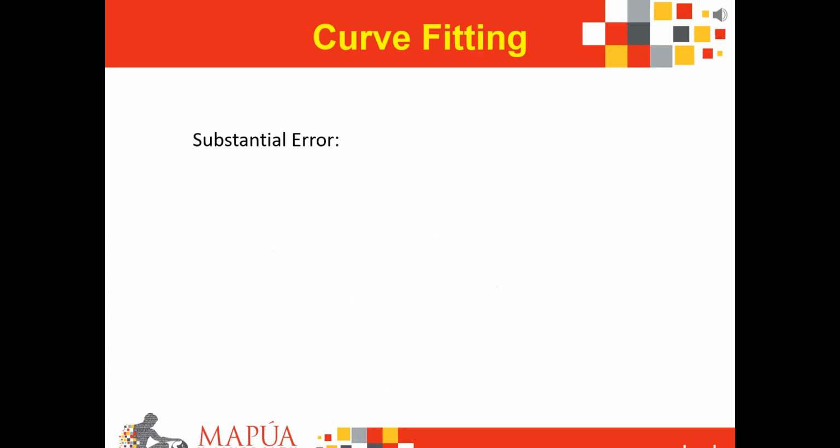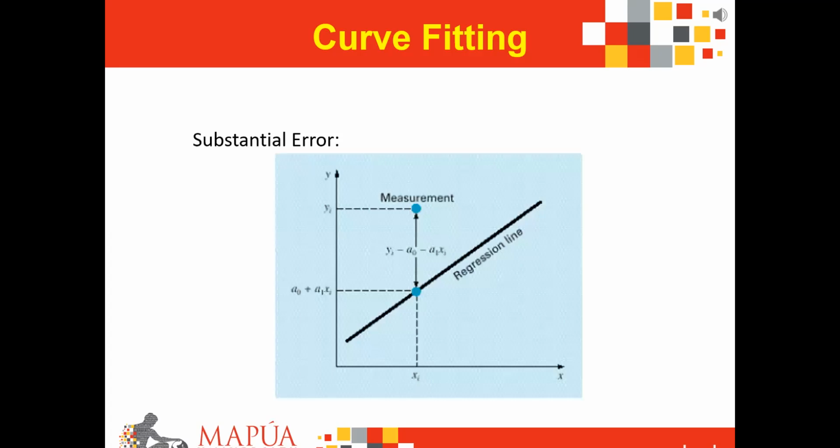Your e is what you call the error, measured between the model regression line and your actual data point. The difference between these values of y at a given value of x represents the error.